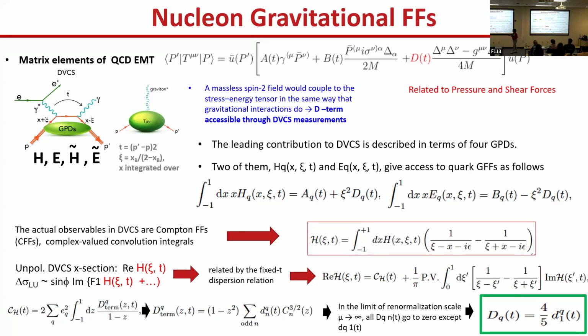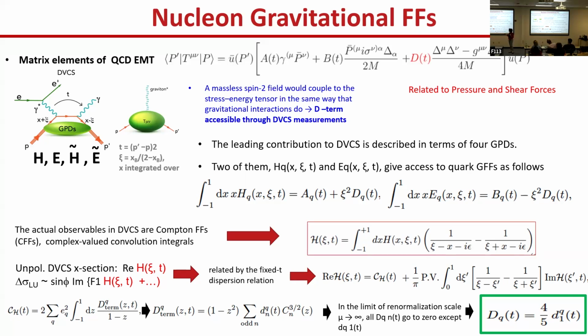We use these GPDs at leading order. We have four GPDs: H, E, H tilde, E tilde. These GPDs depend on three variables, but only two can be accessed experimentally.